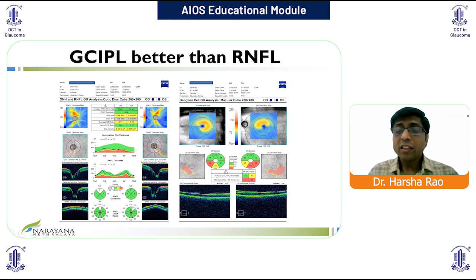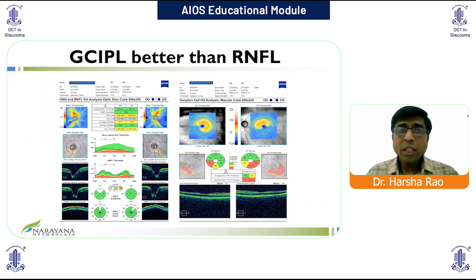However, the macular scan shows GCAPL thinning in the sector map as well as in the deviation map, which is very obvious and it's quite large in area.